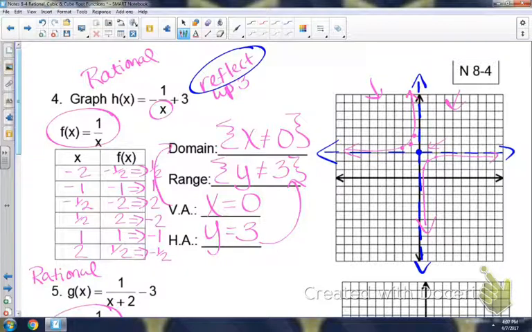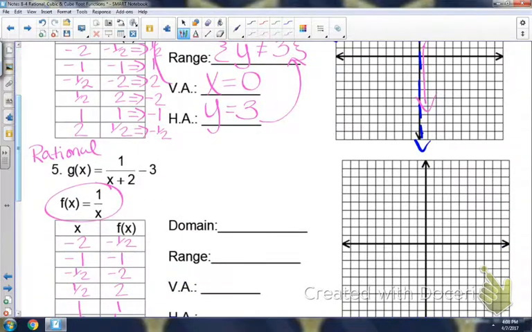So when it's with your x, just like when we had parentheses or square root, it's a horizontal shift. So remember, if it's x plus 2, it's going to be going to the left that many units. So left 2. And then the minus 3 is after your fraction. So that's a vertical shift. So down 3.